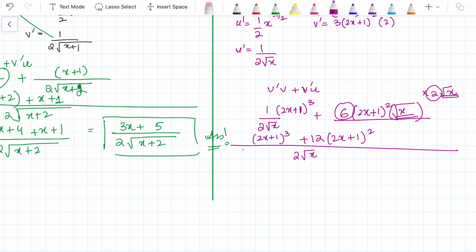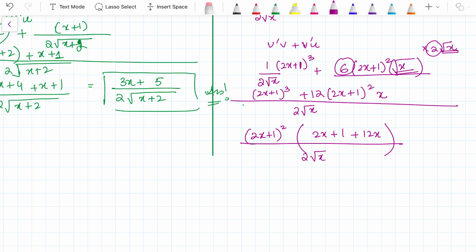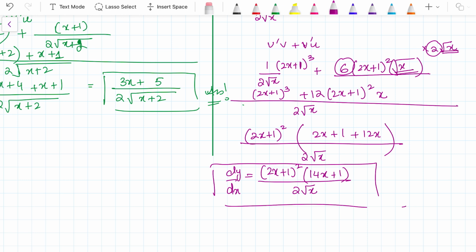Under root x into under root x becomes an x. Can I take from the numerator, can I take 2x plus 1 the whole square common out? (14x plus 1), 2x plus 1 whole square divided by 2 root x. So in product rule, the simplification after differentiation is very important.